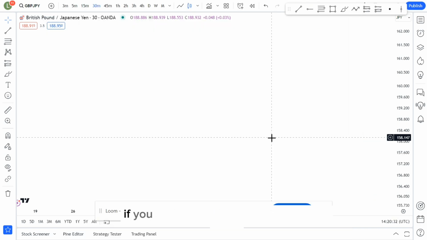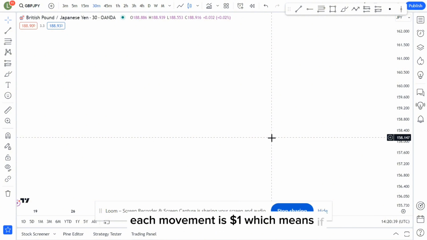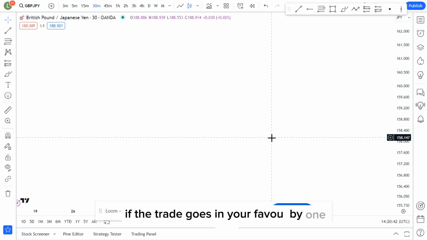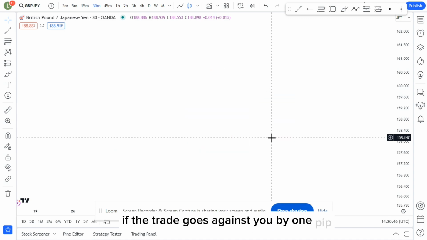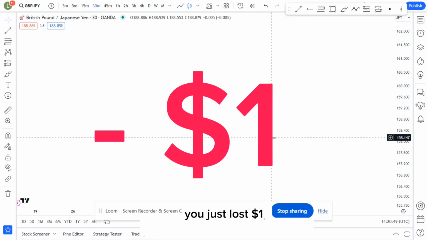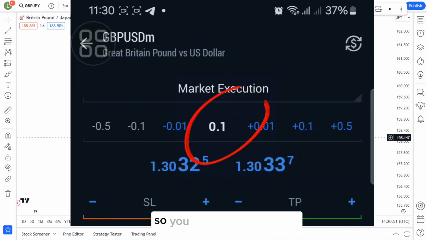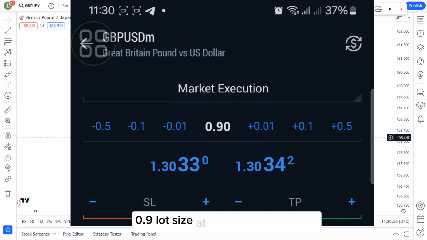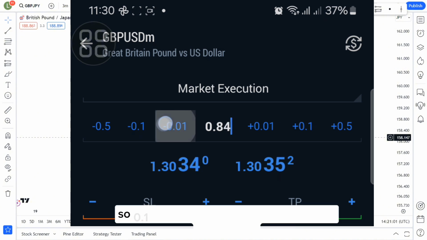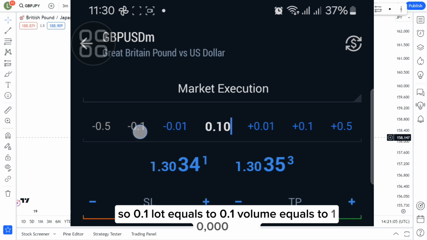If you pick one mini lot size to trade, each movement is $1, which means if the trade goes in your favor by one pip, you just earned yourself $1. If the trade goes against you by one pip, you've just lost $1. I hope it makes sense now. You can buy or sell up to 0.9 lot size at a go per single trade if you have the money. So 0.1 lot equals 0.1 volume equals 10,000 units.